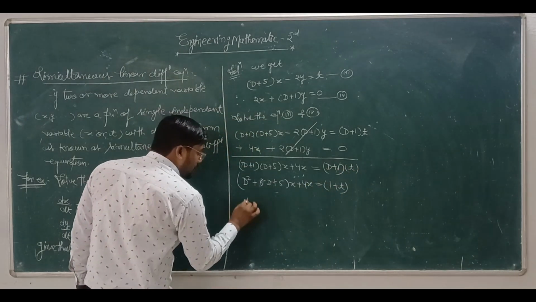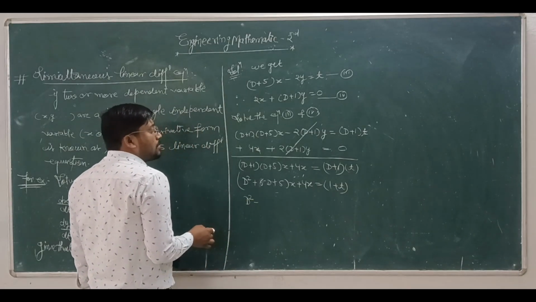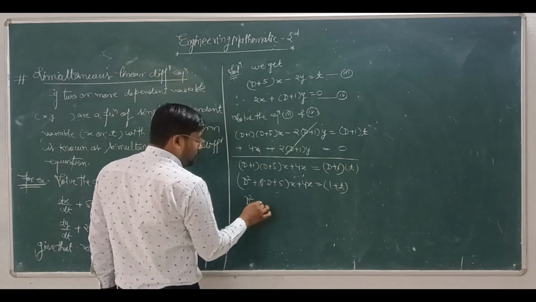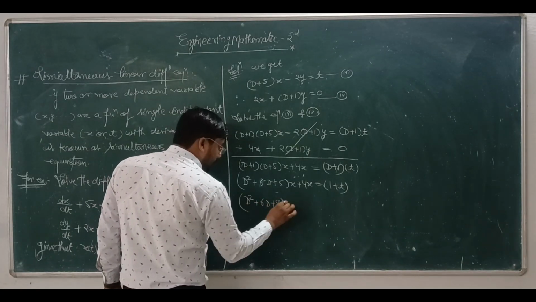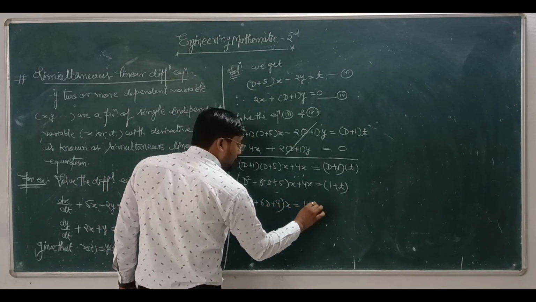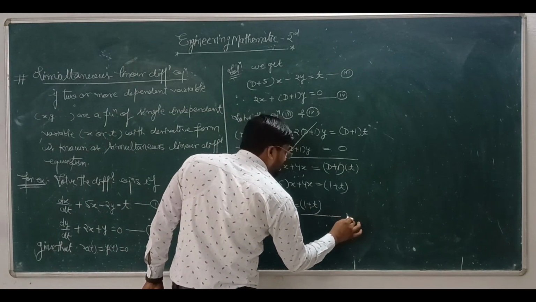Now you can solve this. (D square plus 6D plus 9)x is equal to 1 plus t. Now this is equation number fifth.